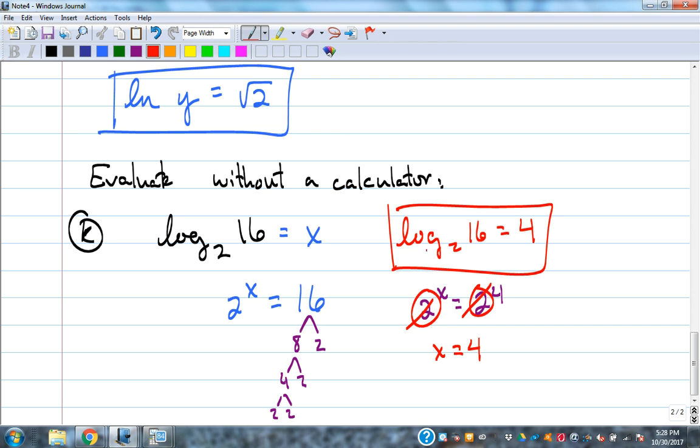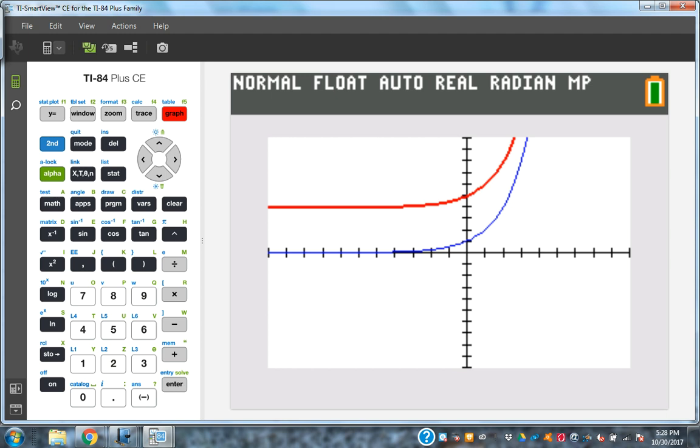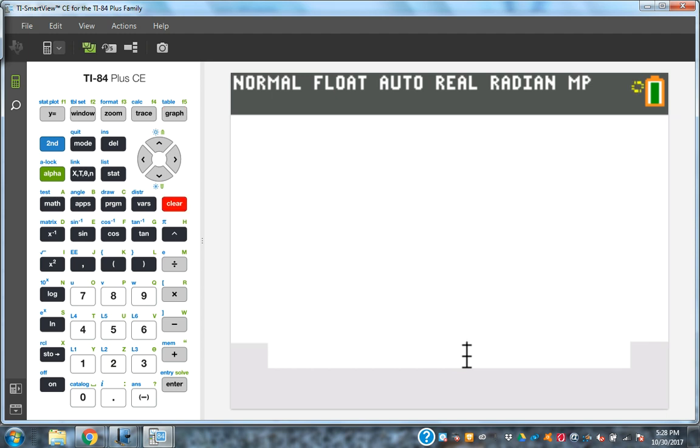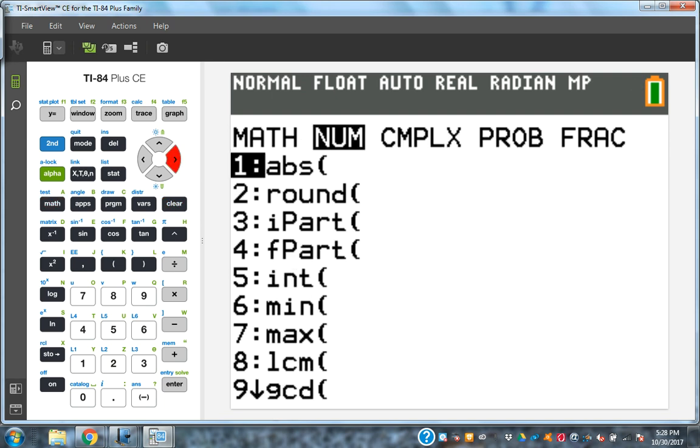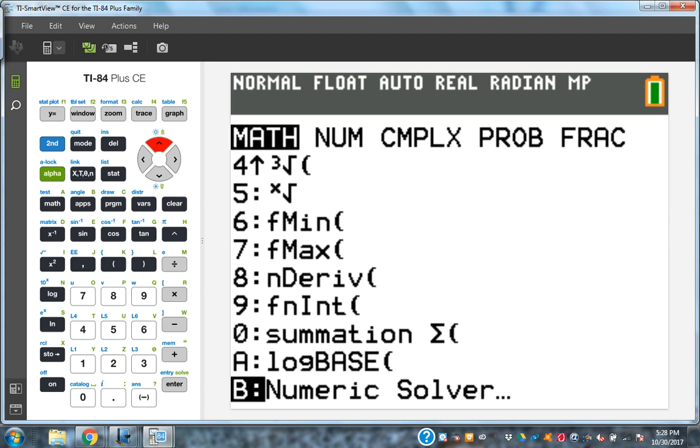I'm going to show you that your calculator will do this too. Don't get me wrong, I'm not expecting you to do everything without a calculator. On the calculator, to verify that you did it right, you can use the log base function, and that's under the math menu. Press up, and log base.